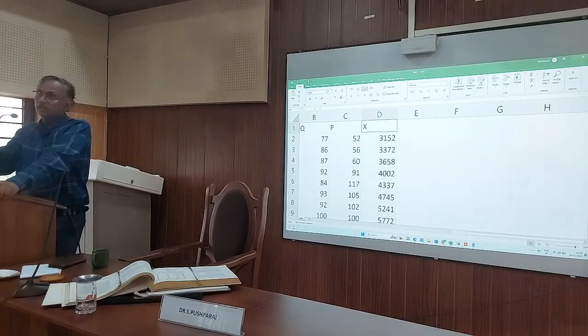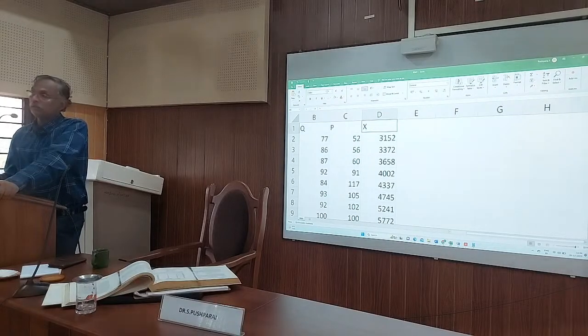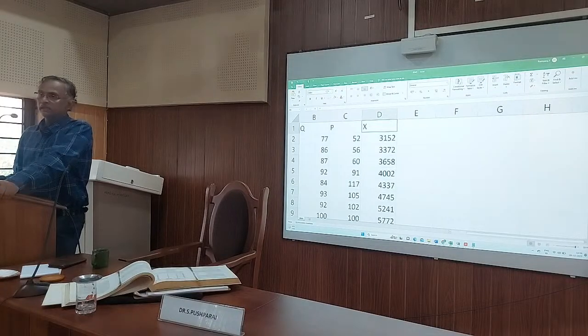If any white space comes into the values, naturally those values will be taken as text, not as numeric values. With text values, you won't be able to run the regression. So it was showing error, right?